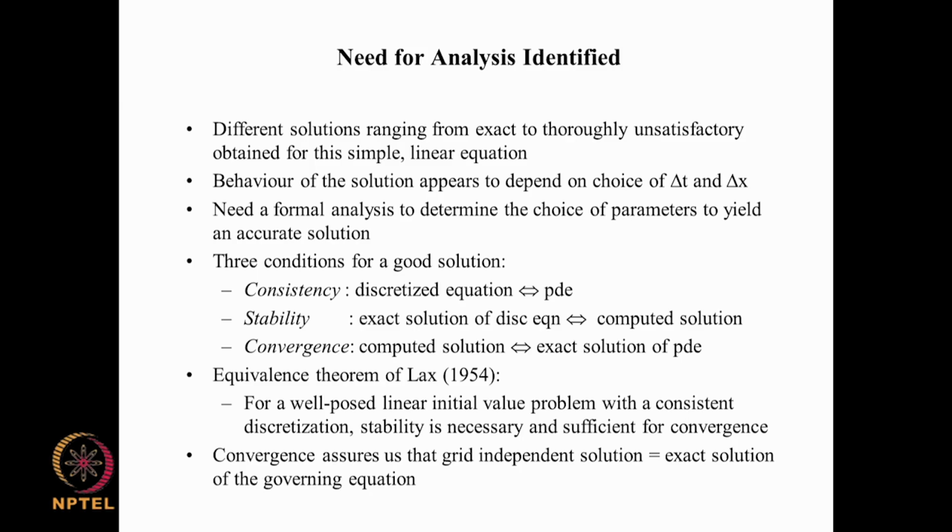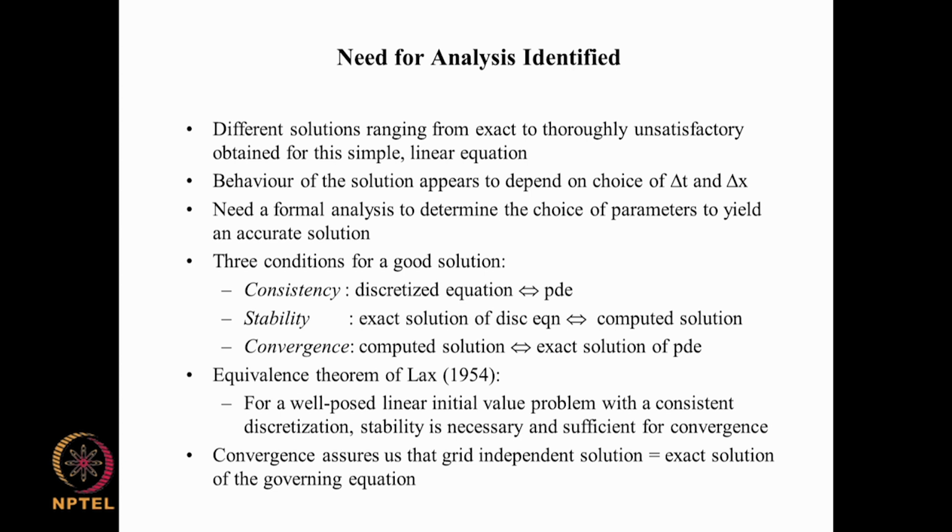That must be one condition, so that we can say that we are solving the correct equation and not some approximate form which leads to a different kind of approximation than what is there in the partial differential equation. And secondly, that the discretized equation that we are solving must reach the exact solution of the discretized equation and not some approximation or a solution which is not intended to be there, which is known as a stability condition.